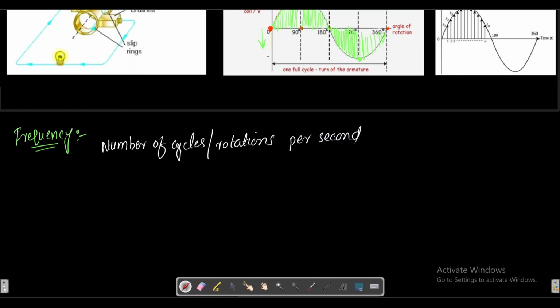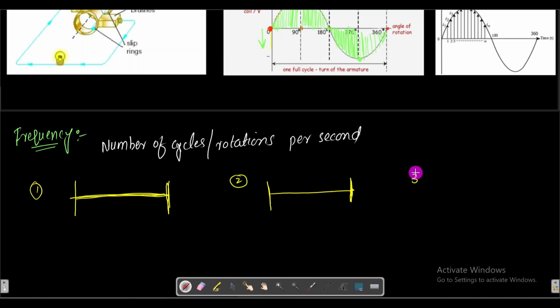Let's take different scenarios. Here we have 1 second on the x-axis, and similarly for the other two graphs the x-axis is also the same 1 second.